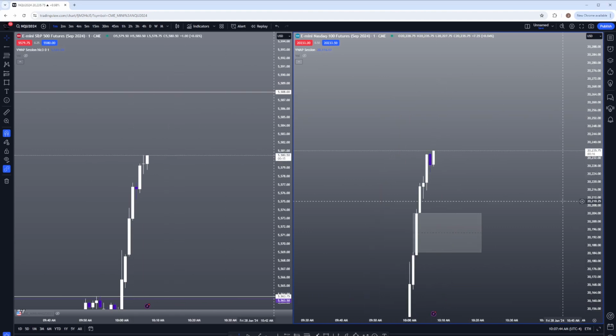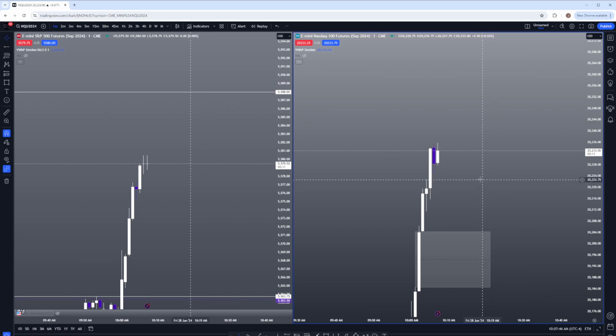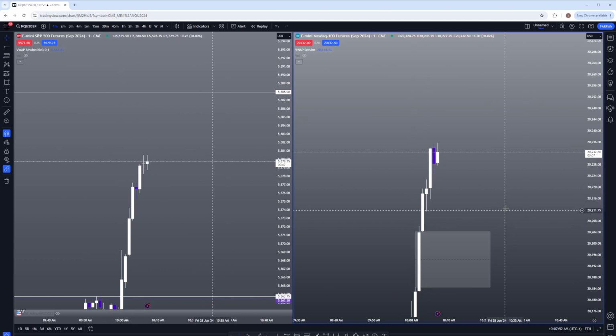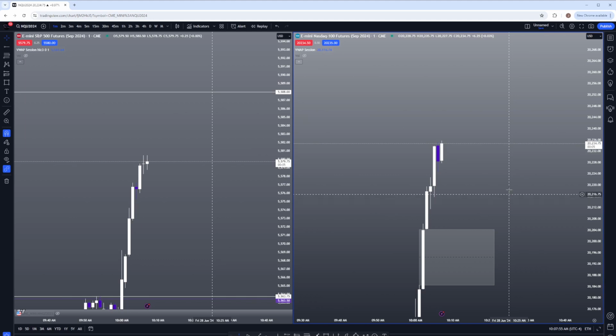This is the first time we've looked like we might get something. Again, I don't want to chase at the top just for us to pull back and go to the level we wanted to see us come back to, and then miss out on that trade because of it.